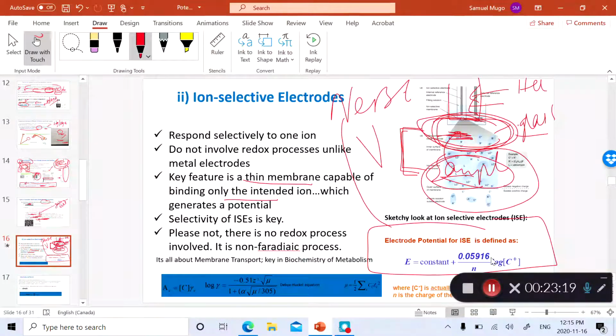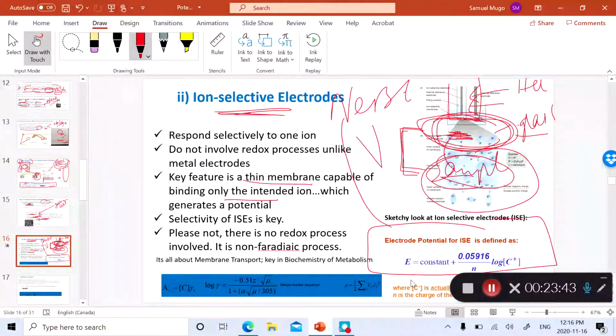This is a typical constant in the Nernst relationship, all right? And you've got the logarithm of the analyte of interest. So this is the Nernst equation, which characterizes what you refer to as potentiometric devices, both classical and non-classical as well.